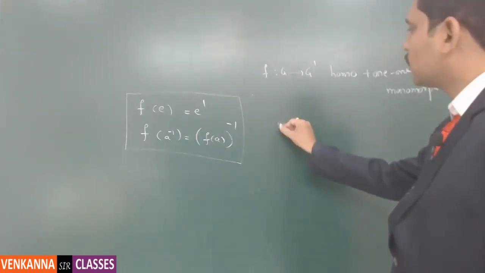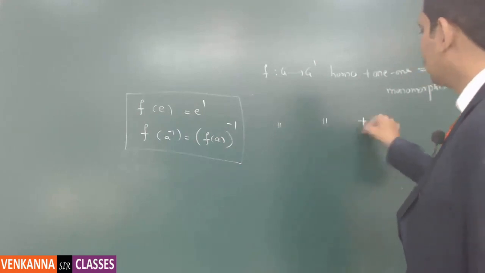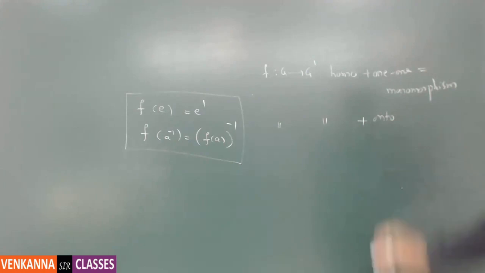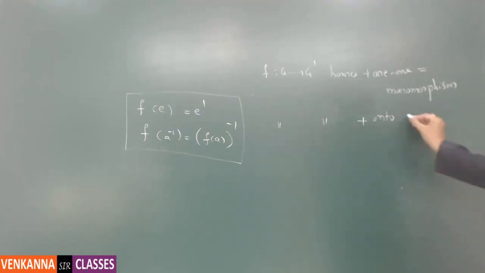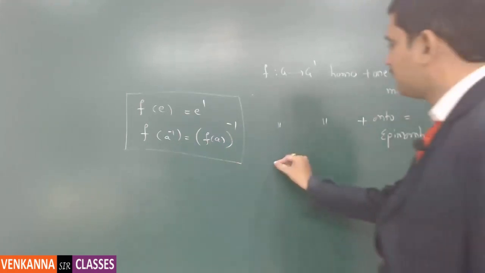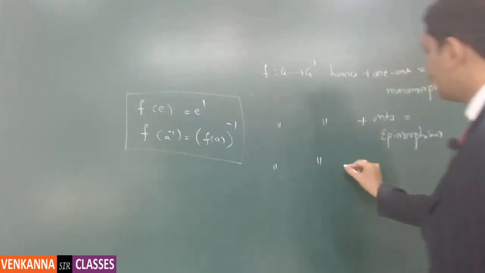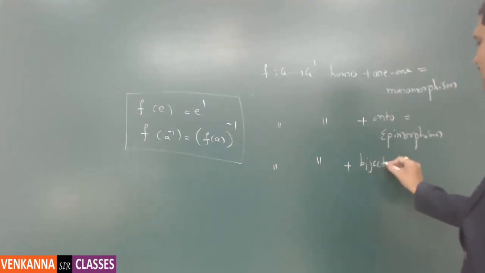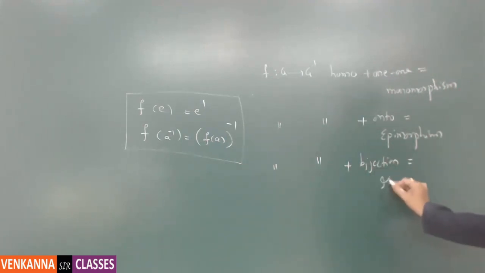If f is a homomorphism with the property that it is an onto function, then we call it an epimorphism. If f is a homomorphism with the property that it is a bijection, so it is 1-1 as well as onto, in that case we call it an isomorphism.